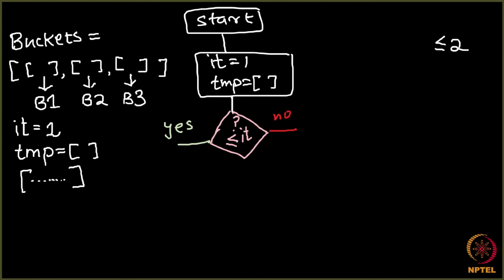So if the answer is yes, what are we going to do? If the answer is yes, it means that there are still nodes of degree less than or equal to IT in this network. So we have to prune those nodes from the network.